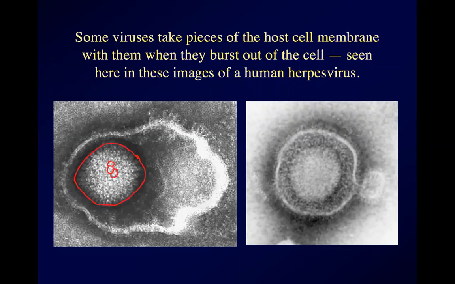But surrounding the capsid, you have this, and this is a torn off piece of host cell membrane. When the viruses burst out of a human cell, they ripped off little pieces of the membrane and took them with them. That enables the virus in part to evade the host immune system. This is part of the reason why herpes is not very easy to treat.